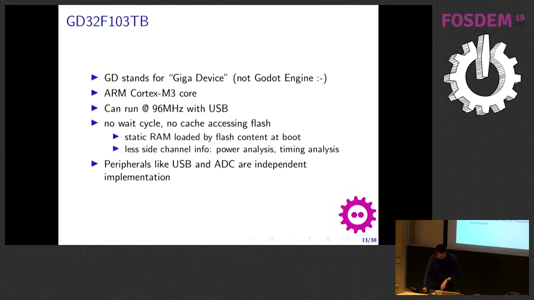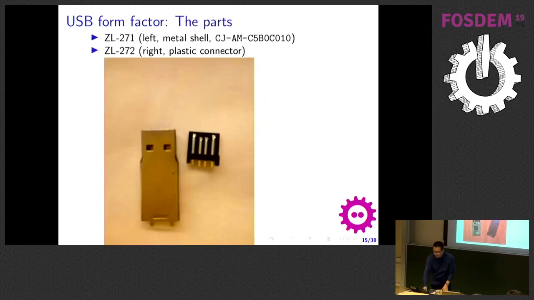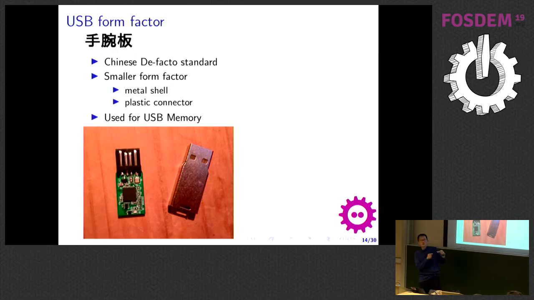Yes, and this is a USB form factor called wristband, and it is a kind of de facto standard. It's smaller, and it is composed of two parts, a metal shell and a board. Originally, it is for small USB memory.